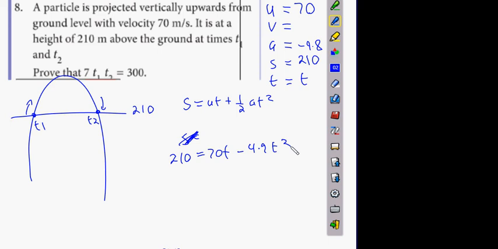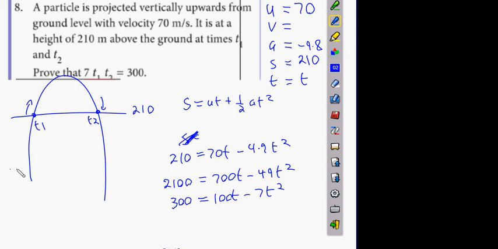So, multiply everything by 10, get it in whole numbers. 2,100 equals 700T minus 49T squared. Divide everything by 7 now, isn't it? So, we get 300 equals 100T minus 7T squared. Move everything over to one side.